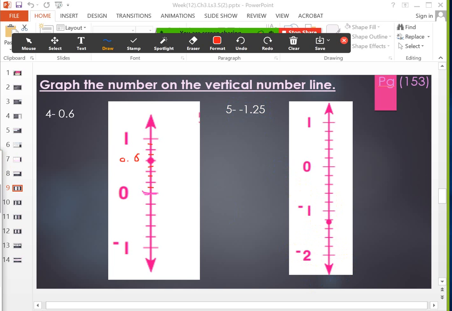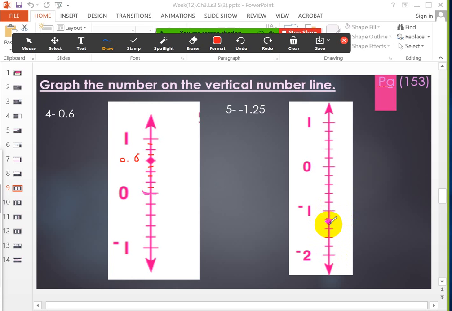Negative 1 and negative 2. Yes. Now the number will be after negative 1. Look, the distance between negative 1 and negative 2, I have to divide it into 1, 2, 3, 4, 5 parts. Okay? 5 parts. If you want to locate negative 1.25, this is the distance, this is the middle, or this is 1.2, so it will be after 0.2.